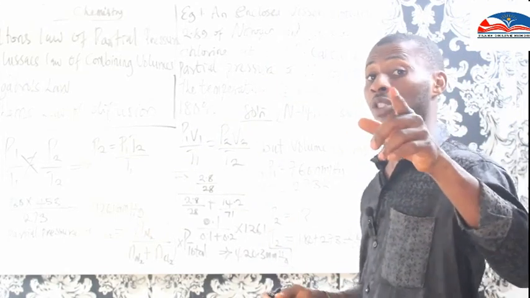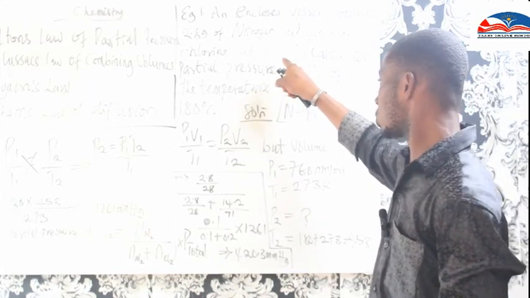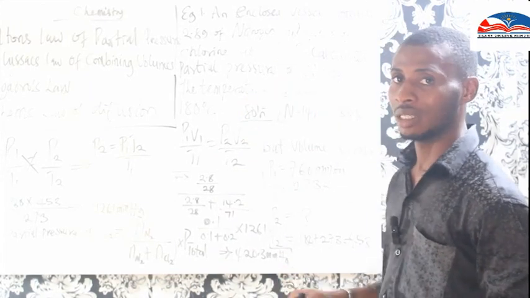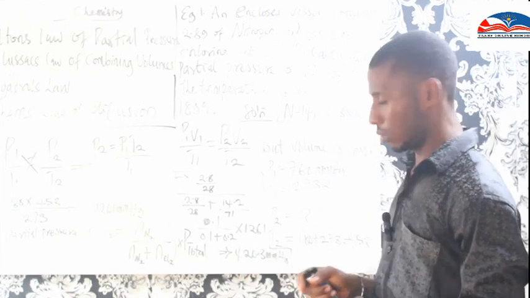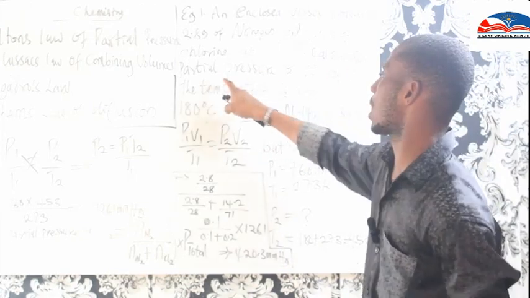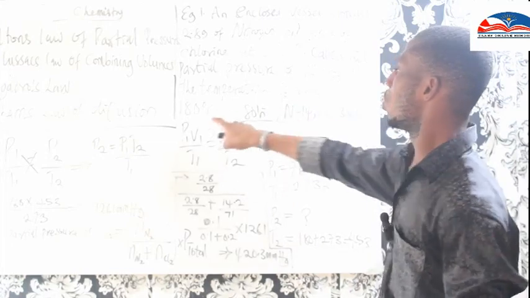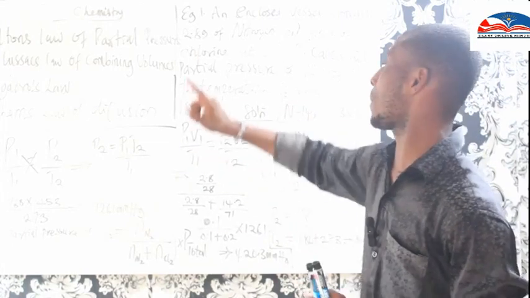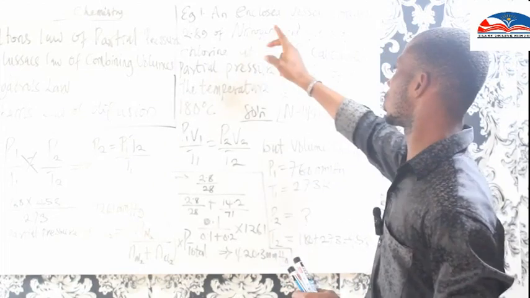When I was in school, I remember I had this problem of not knowing when to apply this. I know why I'm sensitizing on it, so that you will not fall victim. The question says calculate the partial pressure of the nitrogen if the temperature is raised to 180. Now they are asking us to calculate the partial pressure of only nitrogen in a mixture of nitrogen and chlorine.